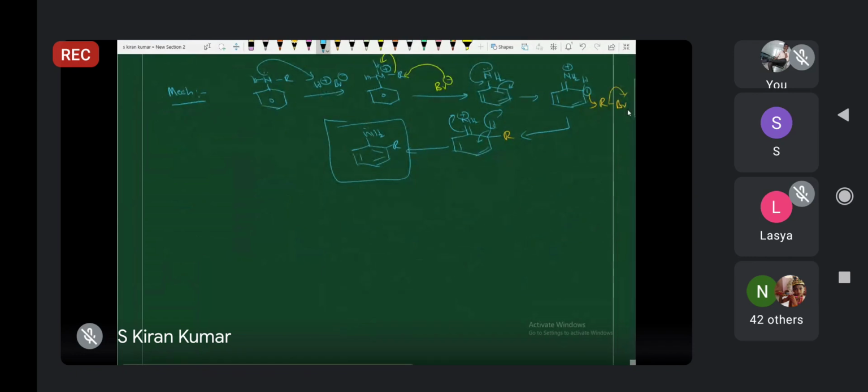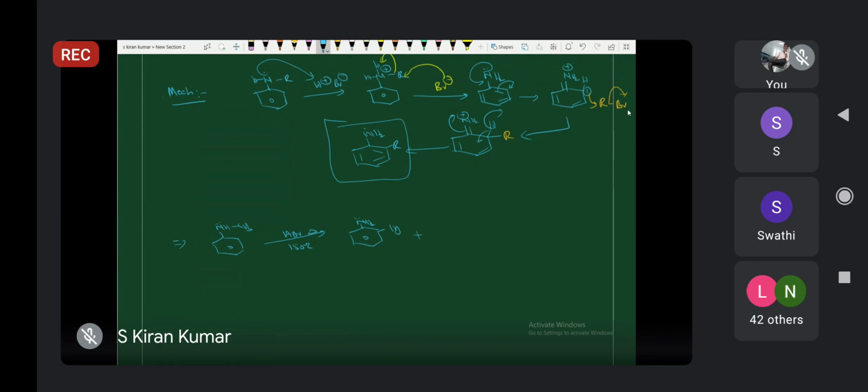N-methyl aniline. On this rearrangement with HBr, what is the product? What is the product here?